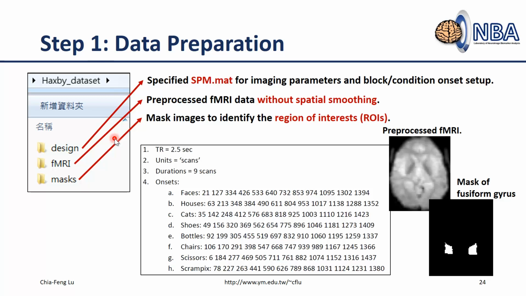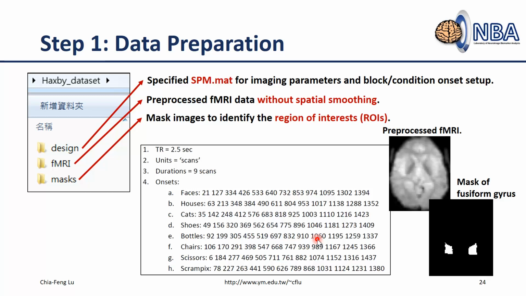However, MVPA is actually designed for single subject analysis. You can do that for a single subject only if you have sufficient samples for the stimuli. If you have sufficient samples right here, even a single subject, you can perform the analysis. You don't really need to collect 30, 50 subjects to do so.